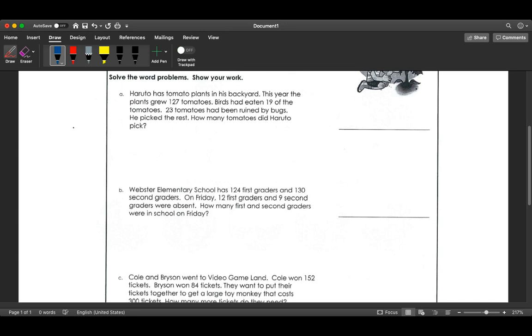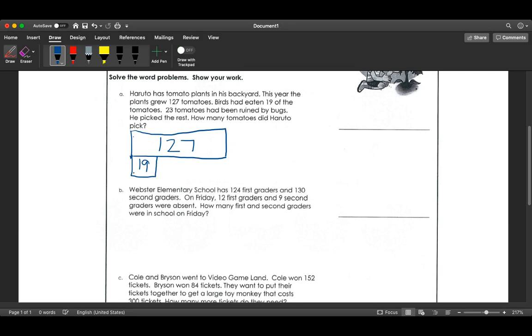To draw the model, I'm going to start out by thinking about the total number of tomatoes that he had. So I'm going to draw a bar here that represents the total tomatoes. And we see in the problem the total is 127 tomatoes. But some of them were eaten by birds. Birds ate 19 of them.